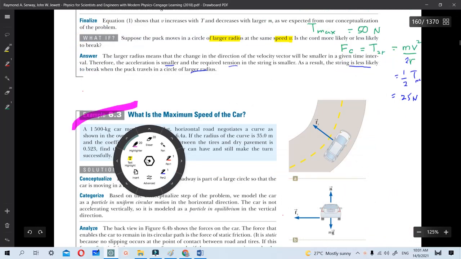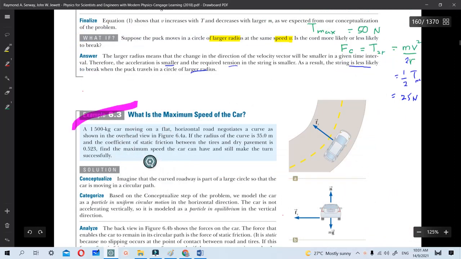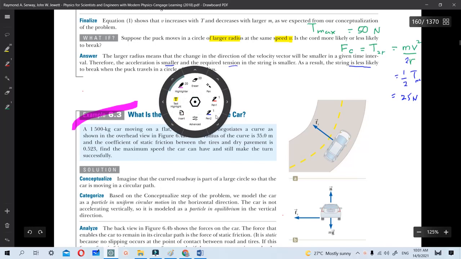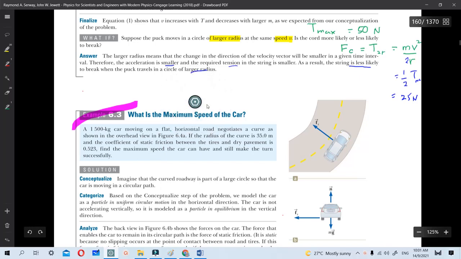Right, now let's have a look at example 6.3. What to expect from this example is, number one, when a car negotiates a turn, there will be one force towards the center, and that force is static friction force.